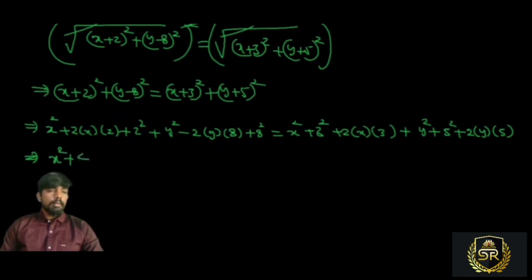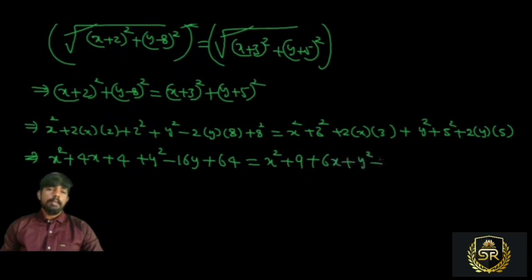So from here, x square plus 2 2s are 4x plus 2 square is 4, plus y square minus 2 8s are 16y plus 8 8s are 64, equals x square plus 3 square is 9 plus 3 2s are 6x plus y square plus 5 square is 25 plus 2 5s are 10y.